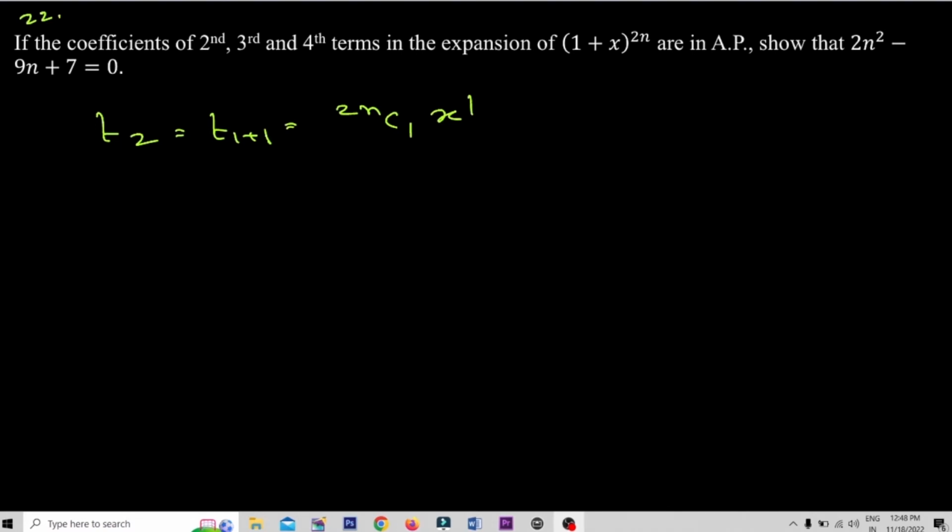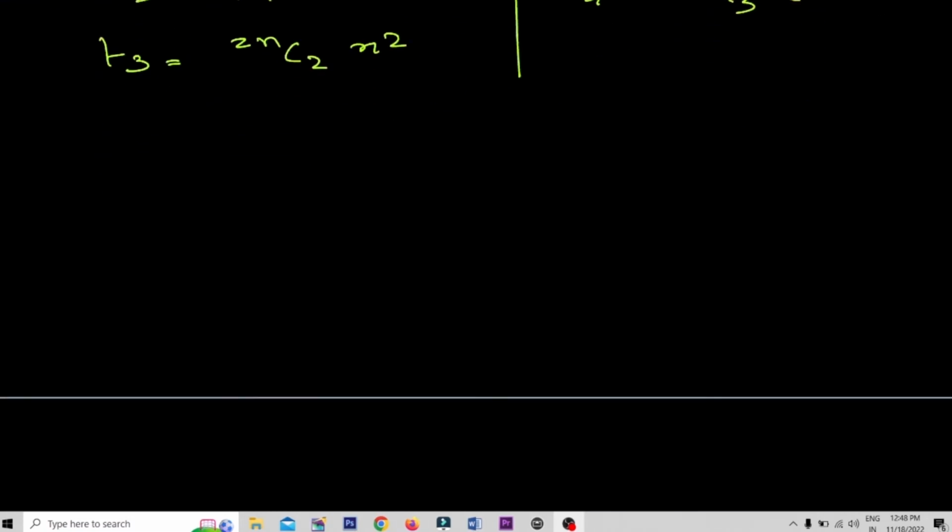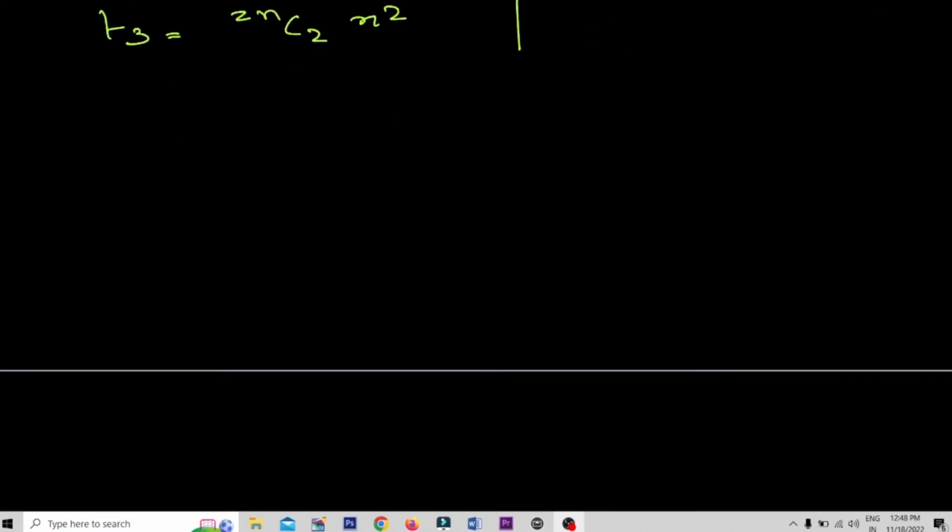If the coefficients are in AP, we don't need the x. So T3 is 2nC2 x to the power 2, and T4 is 2nC3 x to the power 3. We need their coefficients. Therefore, according to the question, 2 into 2nC2 equals 2nC1 plus 2nC3.